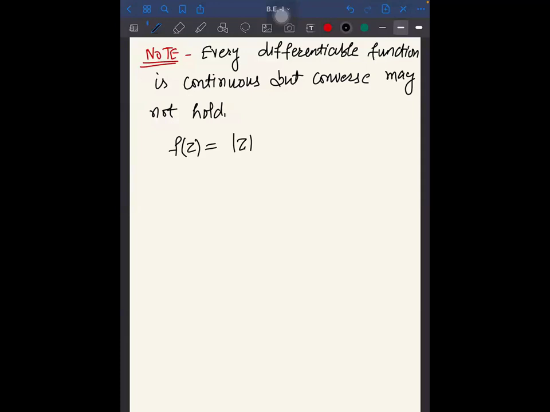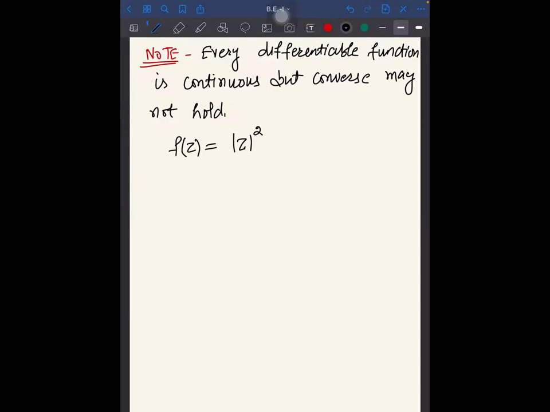So it is differentiable only at 0. Apart from 0, it is nowhere differentiable. In order to give a simpler example, we generally take mod z square also, because we don't need to deal with the square root.